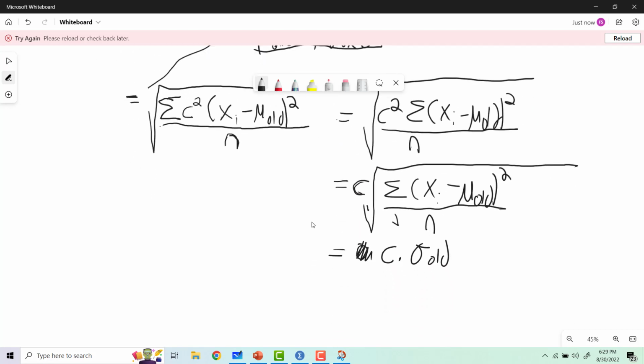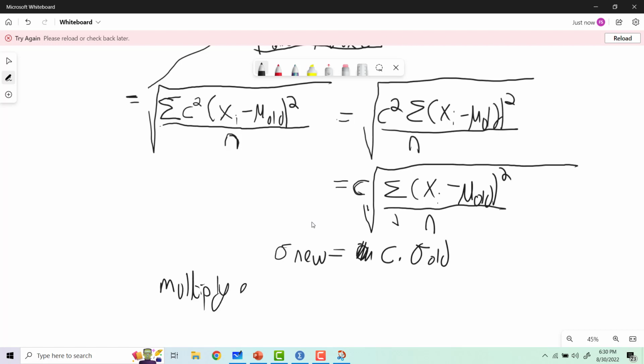So if we multiply every item by c, the standard deviation increases by a factor of c.